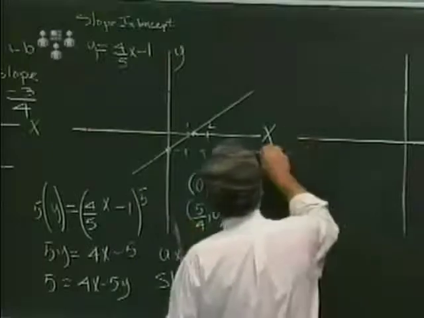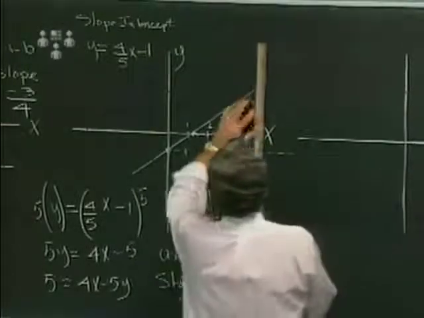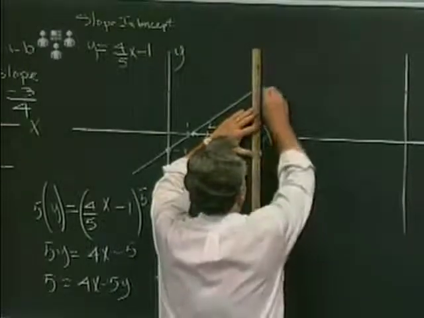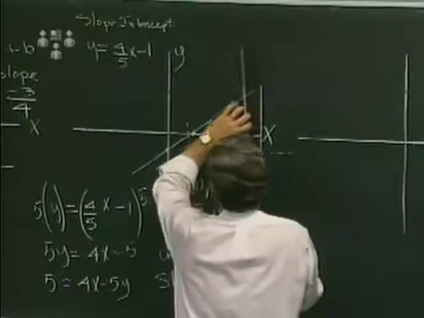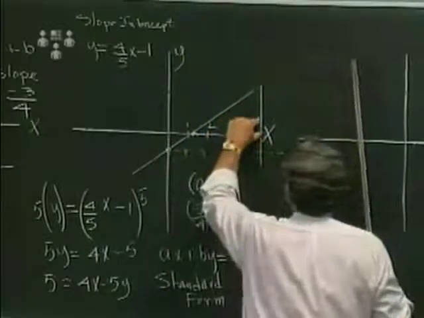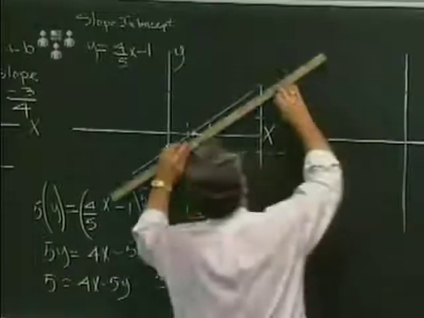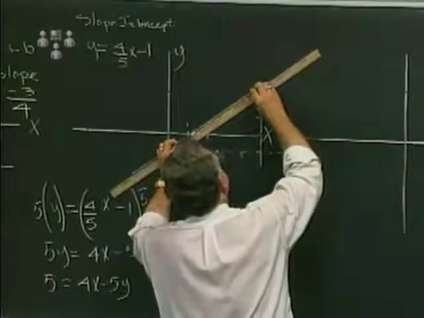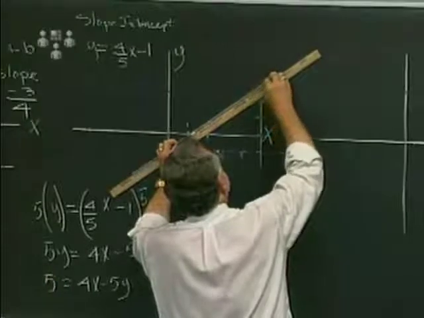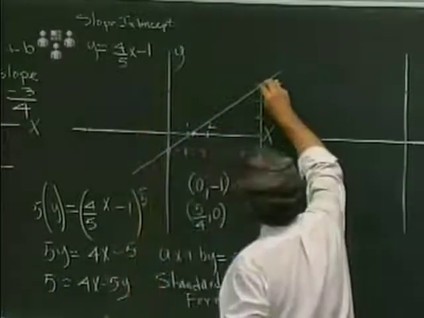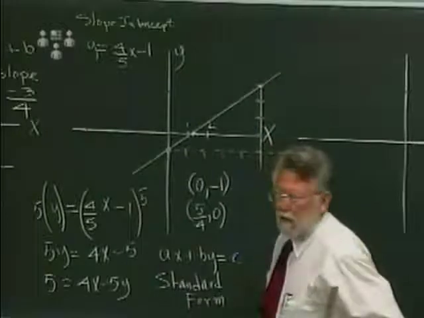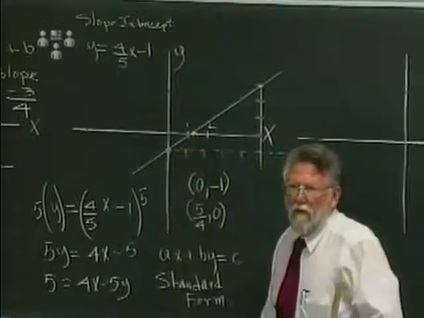So there's my run of 5. And then I'm supposed to go up what? 4. Okay, so this was 1, 2, 3, 4. Now, if you'll notice where my line's going, I came pretty darn close to what I should have been. I was lucky in where I tried to locate 1 1/4.